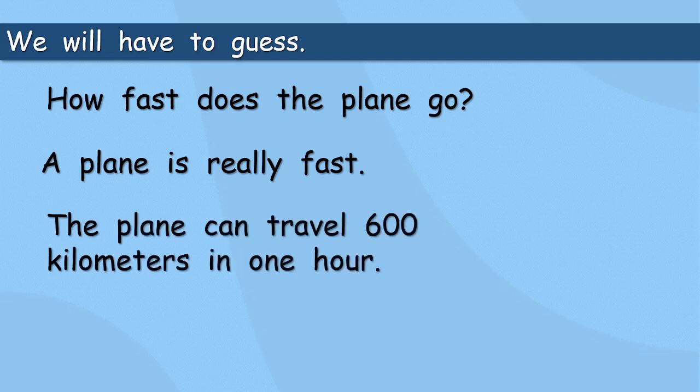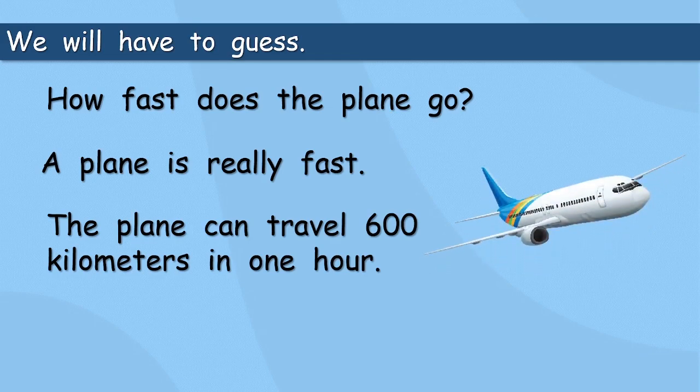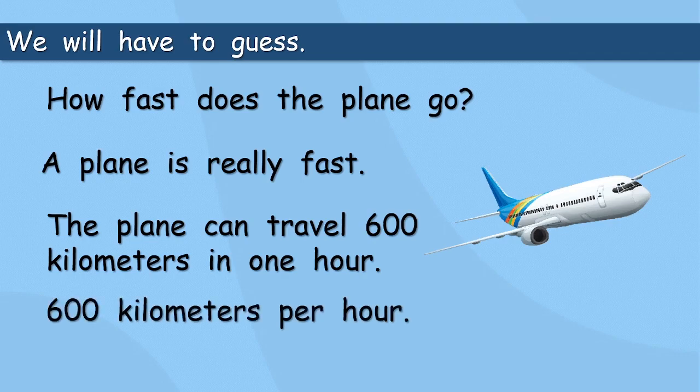The plane can travel 600 kilometres in 1 hour. That will take us a long way away from home. 600 kilometres per hour. That's not the exact answer, but it's nearly right. It's a good guess.